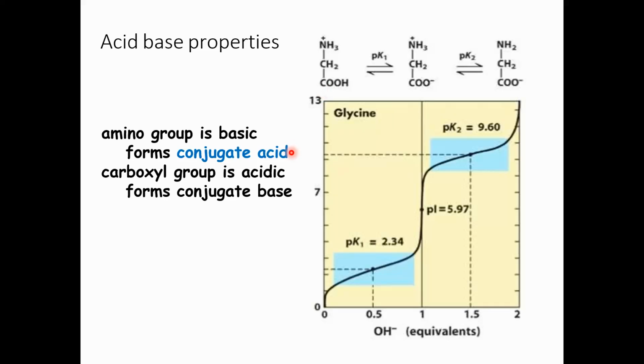Because it can gain a proton or lose a proton with the change of the pH of the body fluid, or if we keep it in a test tube and change the pH of the solution, the amino acid can act as a base or an acid. So how does it happen in our body or in a test tube? We are going to see. For example, let's talk first about the positively charged amino acid, the basic amino acid.